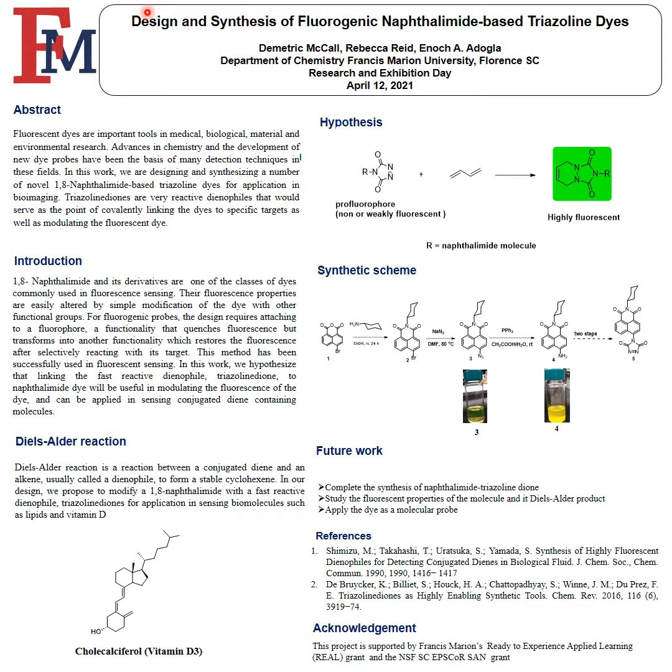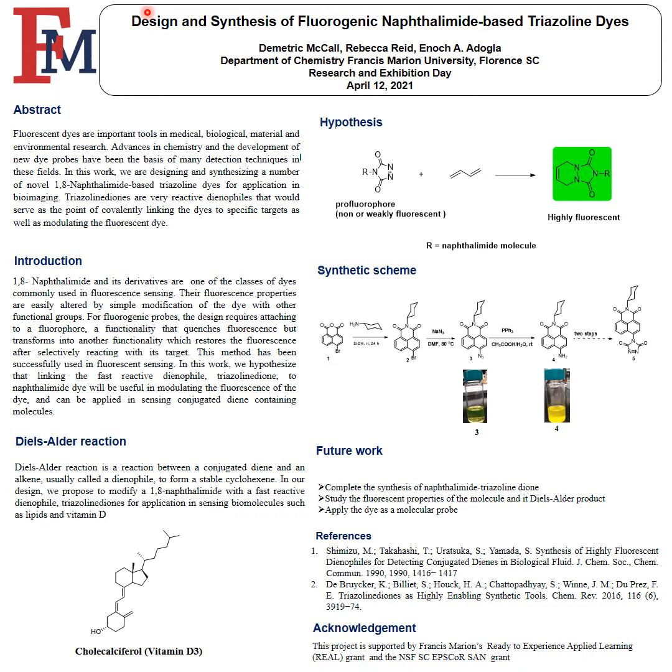Generally speaking, the Diels-Alder reaction is a reaction between a conjugated diene and an alkene, usually called a dienophile. Dienophiles love dienes, to form a stable cyclohexane.